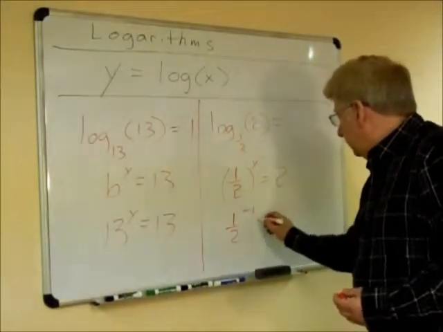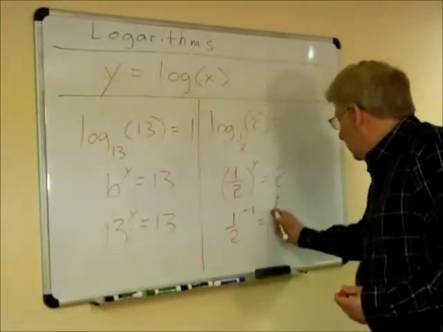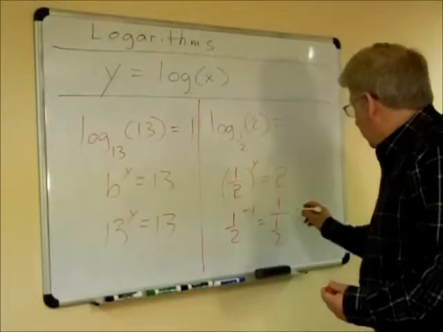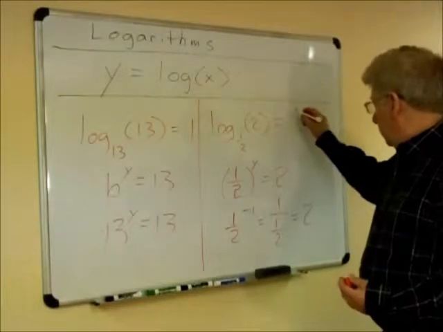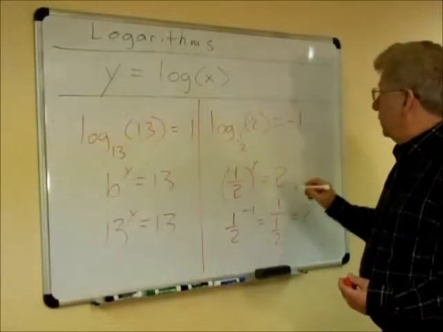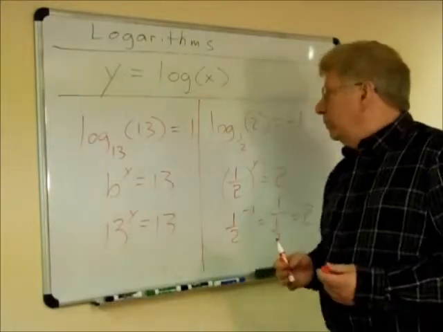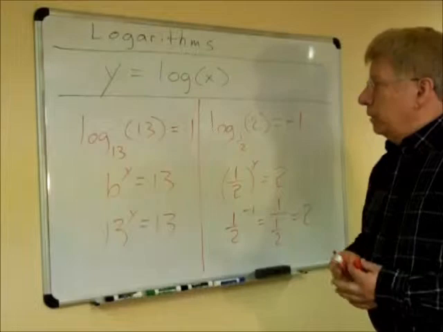If we flip it, we would have 1 over 1/2, which would be 2. So the exponent is -1. That's a little tough, but that's the answer. Maybe you would need the help of a calculator on that one.